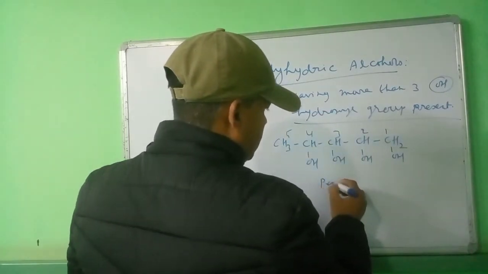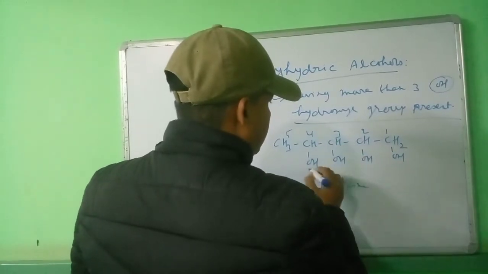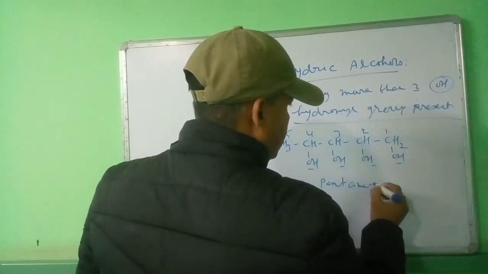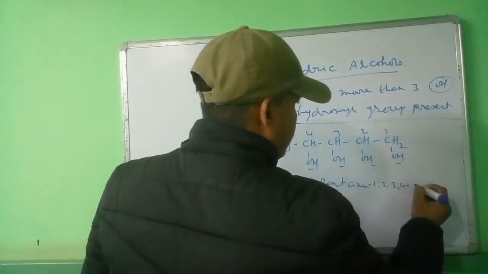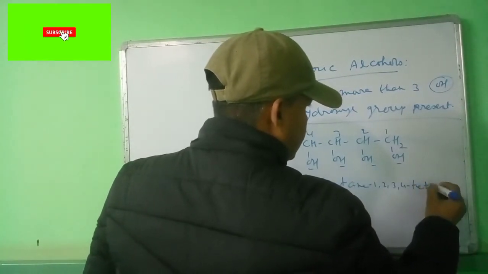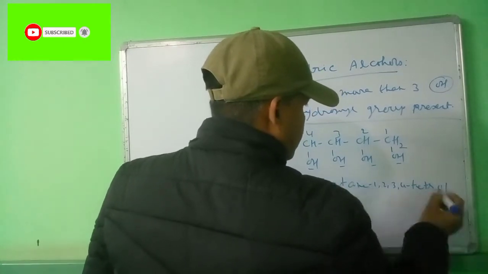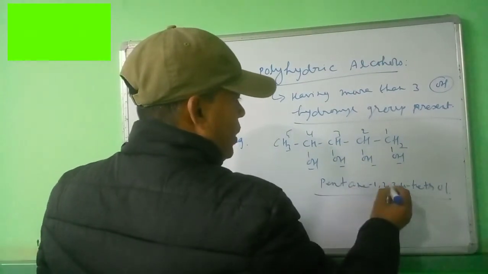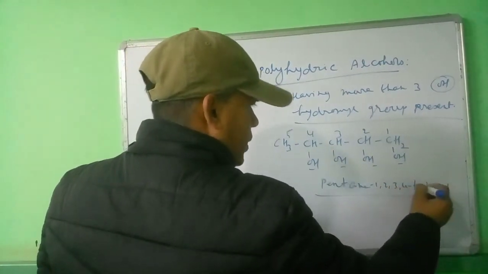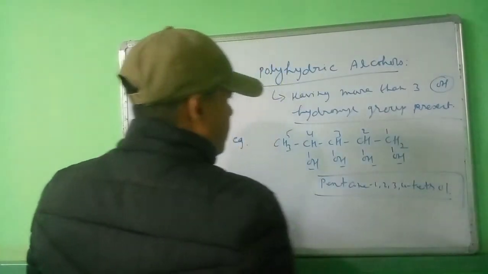So pent is the word root, plus ane, and the position of this OH, how many times? 1, 2, 3, and 4, 4 times. So tetrol. Pentane-1,2,3,4-tetrol is the name of the compound.